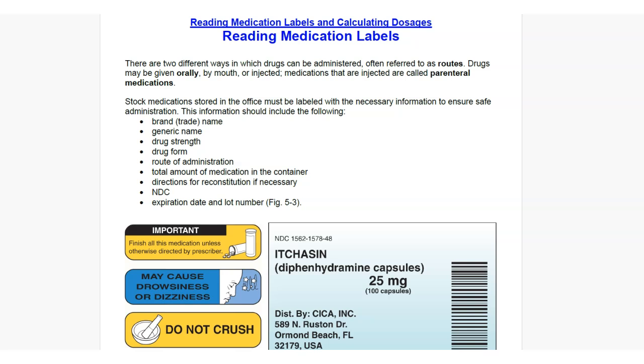We don't want to be guessing, right? What's in it? What's the dose? When does it expire? And so on. So a medication should include all these on its label.